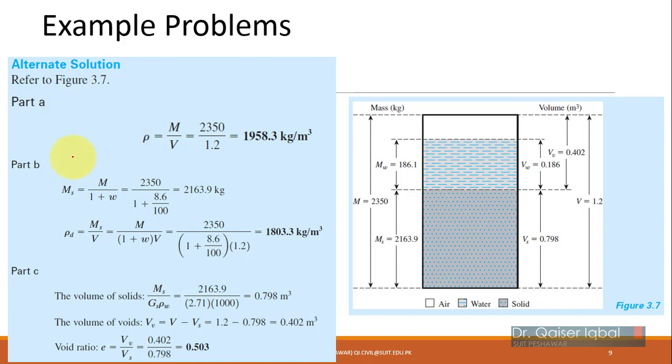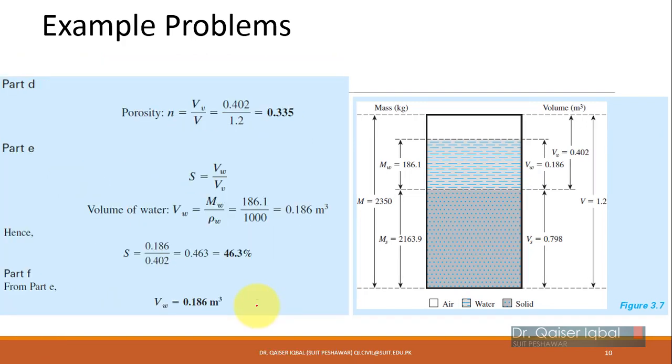You can see part A, which is the bulk density, is determined over here with the same procedure. For part B, the same procedure has been adopted for the dry density, while from part C onward they have used a different approach, because one property is related to other properties in a number of ways.